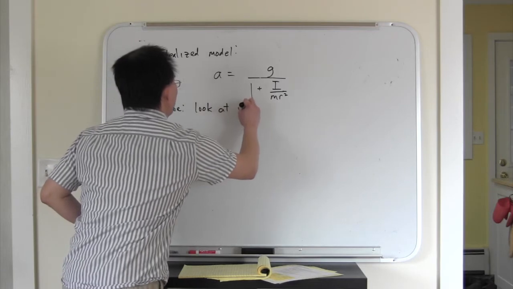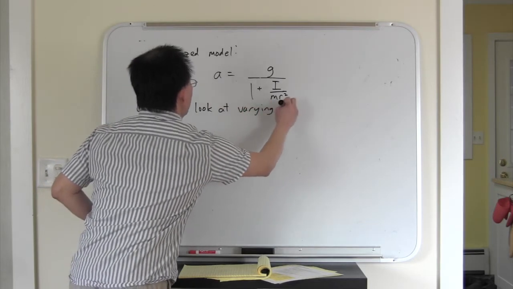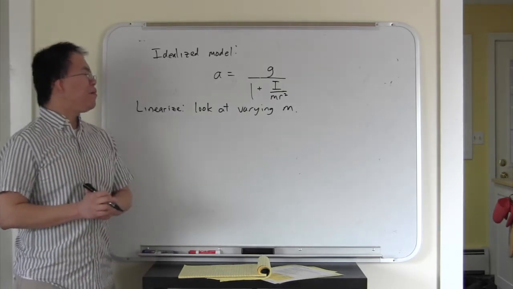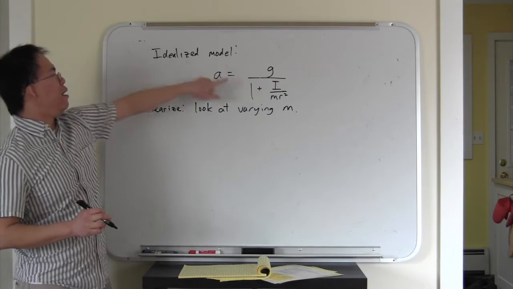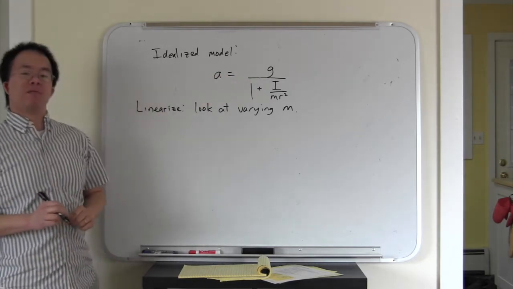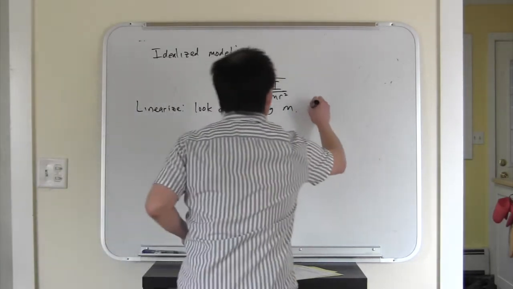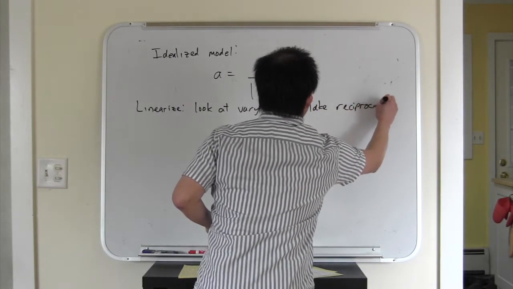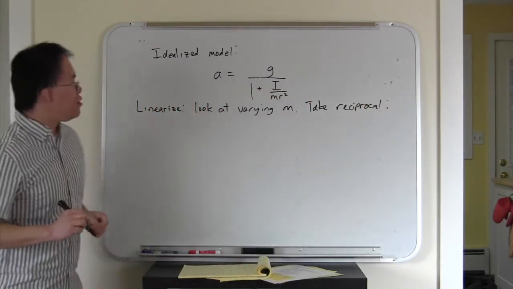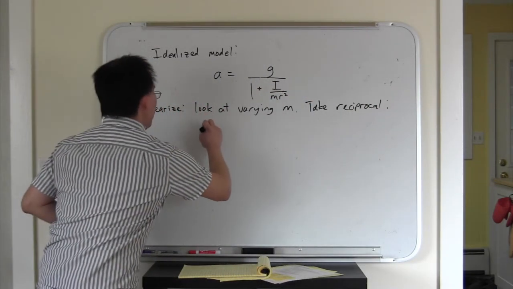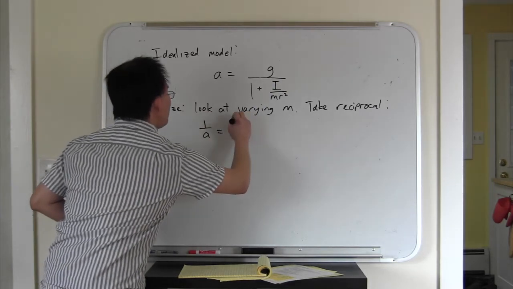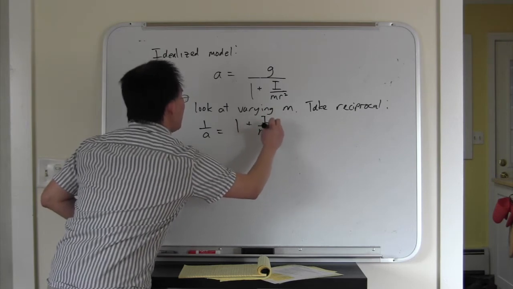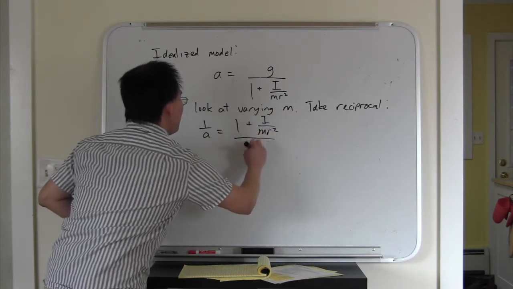You can think about ways to do that, but I think the best way here is to simply start by taking the reciprocal of both sides of this. Nothing here is going to be 0, so that gives us 1 over a equals 1 plus I over mr squared, divided by g.